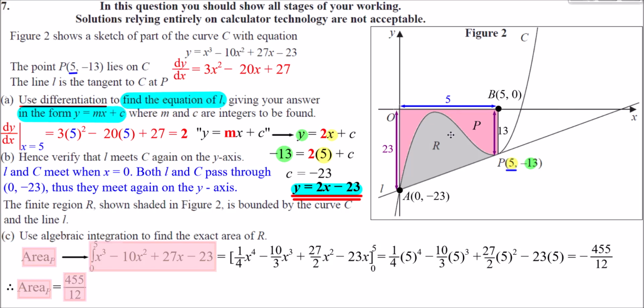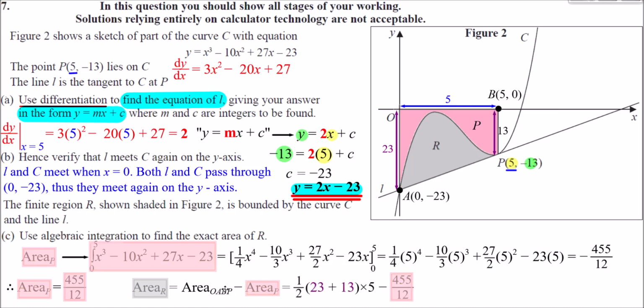Therefore, I can calculate this shaded region R. I can find what I want by working out the area of the whole trapezium, and then subtracting from that the pink area P, 455 over 12, which we've just found. So in other words, as an equation, area R will be the area of the whole trapezium minus area P.